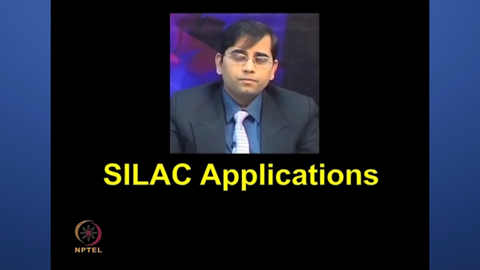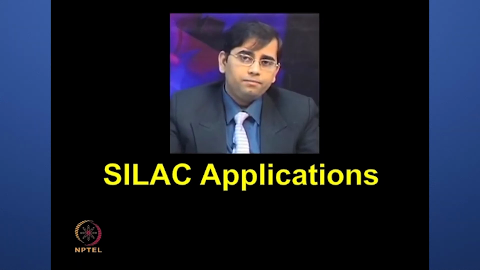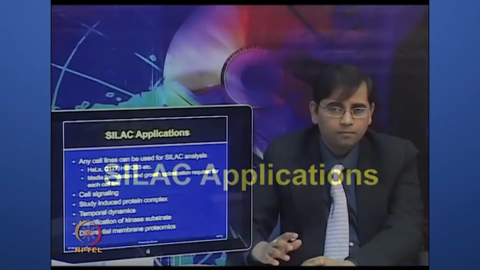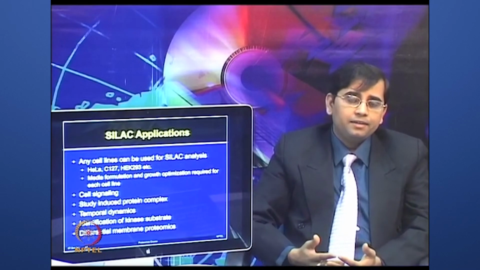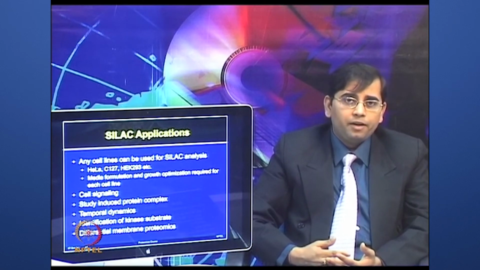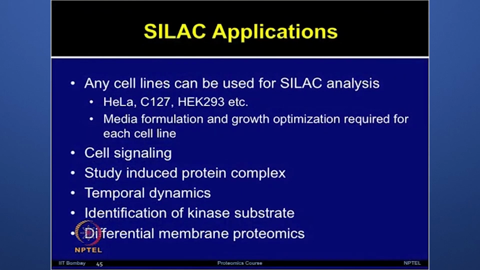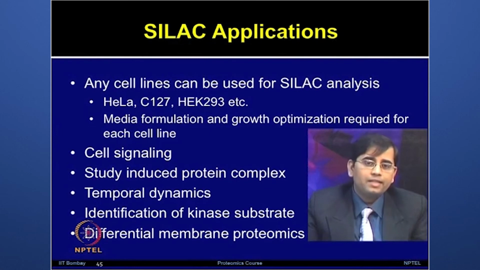Let us now discuss a few applications of SILAC briefly. The SILAC method is very promising for any cell line. So, this method can be applied for any cell lines, whether it is HeLa cell, C127, HEK293 or different types of cell lines people have shown. However, the media formulation and the growth optimization is required individually for each cell line.